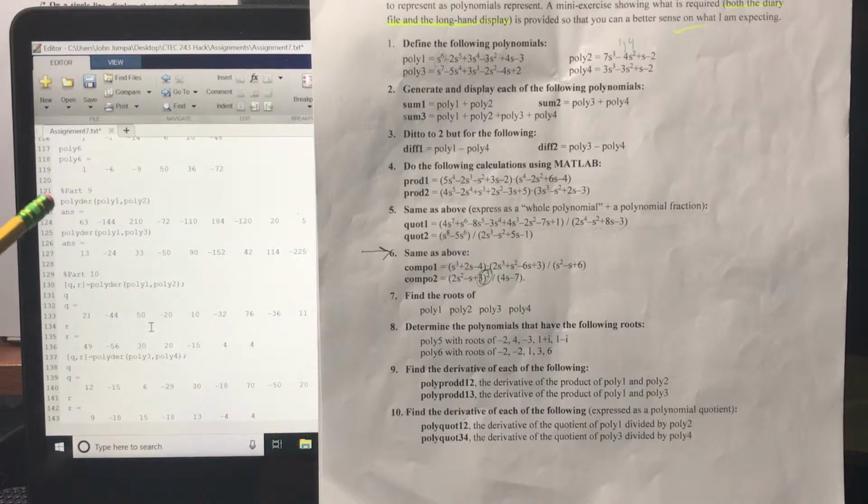So instead of just polyder, you have to write bracket Q comma R bracket for the quotient. You have Q, the divisor, and then your R for your remainder. And then equals polyder, parentheses, poly 1 and poly 2. And then for the other one, open bracket Q, comma R, bracket polyder, parentheses, poly 3, comma, poly 4, and so on. You get this.